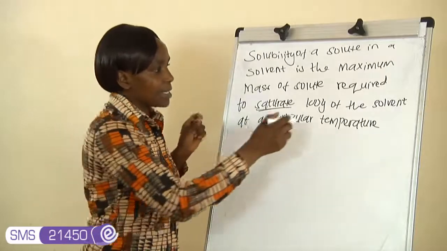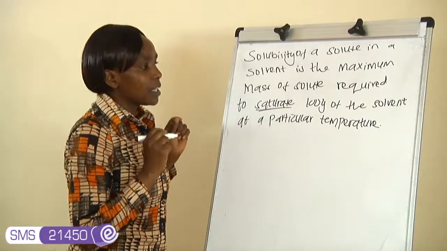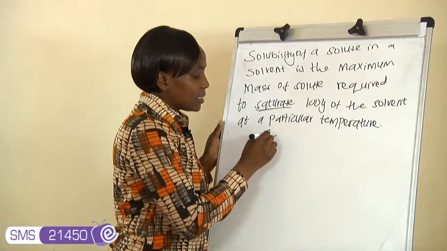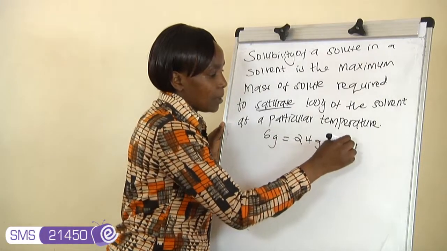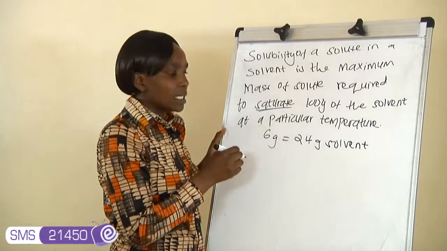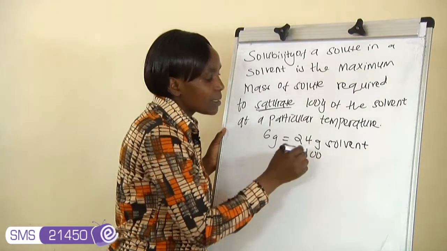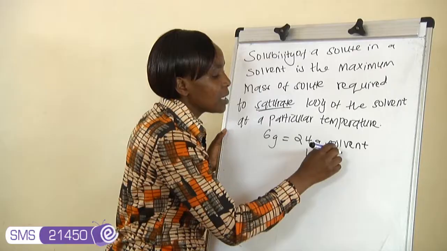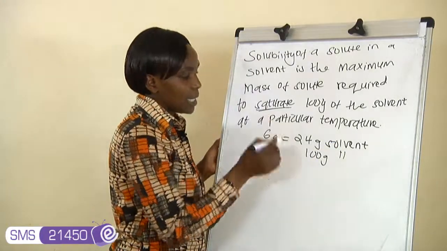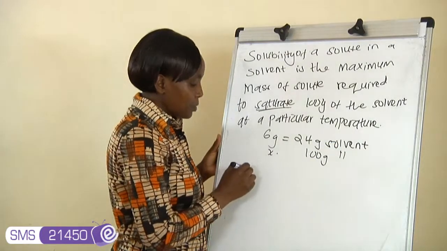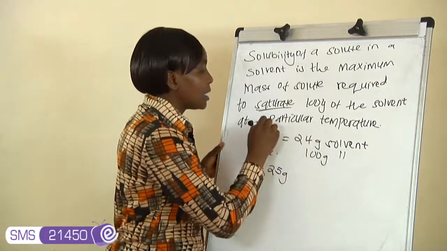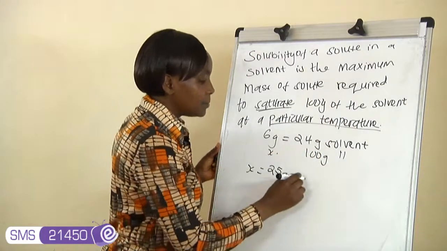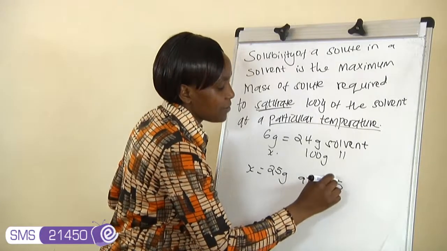Therefore, with the example we dealt with, we were first able to see that 6 grams is only dissolving in 24 grams of the solvent. But our question was solubility. Therefore, we need to ask ourselves, what about 100 grams of the same solvent? So we called it X, and after cross-multiplying, we were able to get X as 25 grams at a particular temperature, which was 15, not 25.